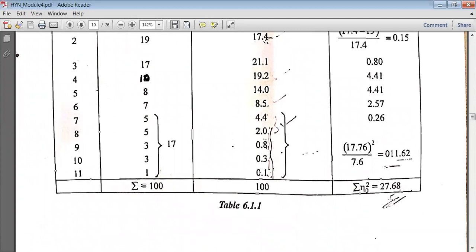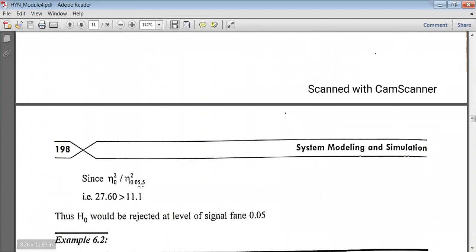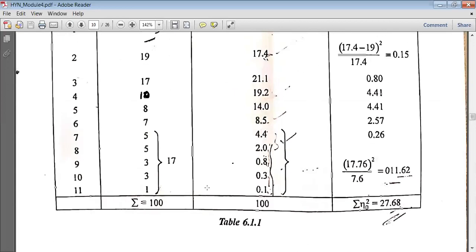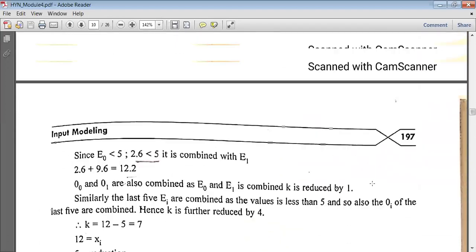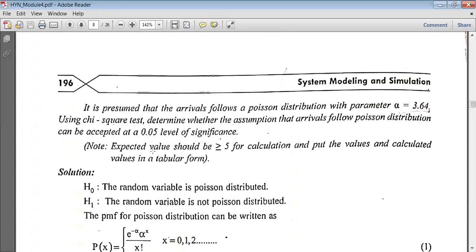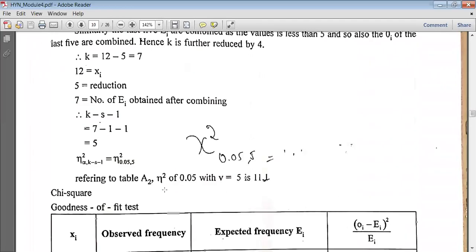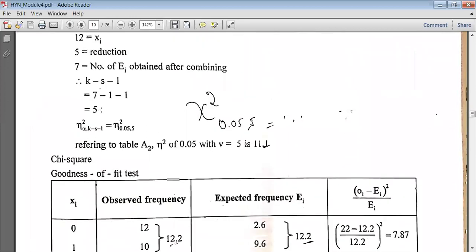Now this value we have to check with the level of significance, which is alpha. So we have chi naught square of (k minus s minus 1, alpha). The level of significance they have given in the question is 0.05. You have to accept it at the 0.05 level. Then you have to find out one value, which is k minus s minus 1. What is this k?